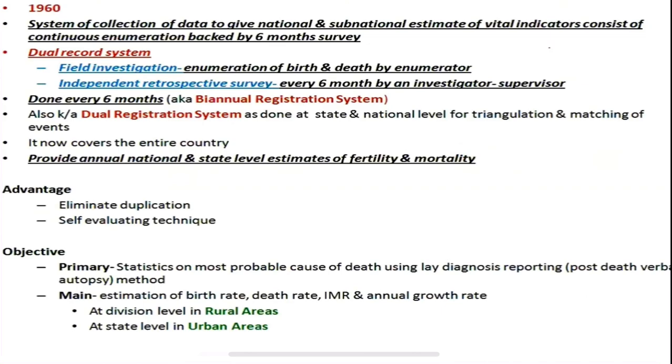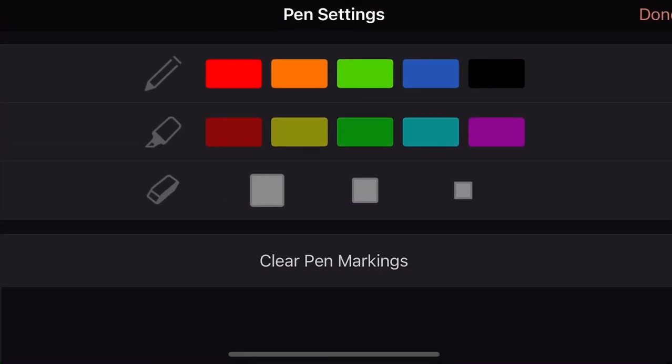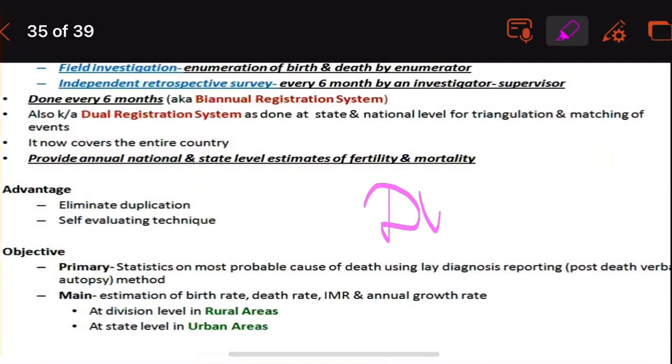The field investigations give us an enumeration of birth and death rates by the enumerator. The independent retrospective survey is done every 6 months by an investigator and also a supervisor. So it is a dual record system.